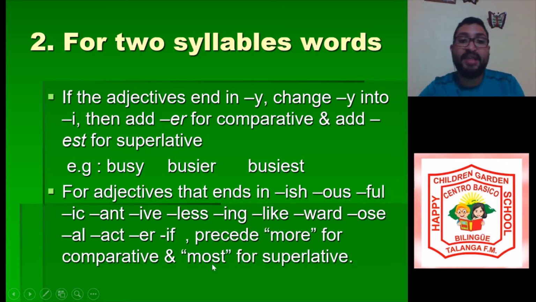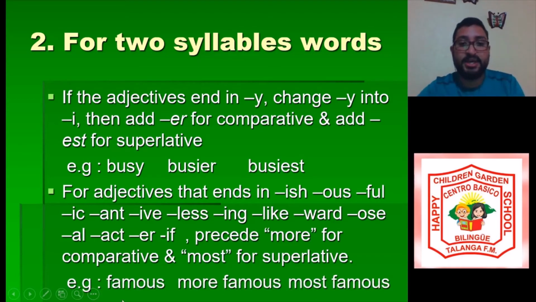In this case, we cannot convert the adjectives by adding ER or EST. So we're going to add more or most. For example, famous, we cannot say famouser or famousest. We're going to say more famous, most famous, because it ends in the suffix OUS.